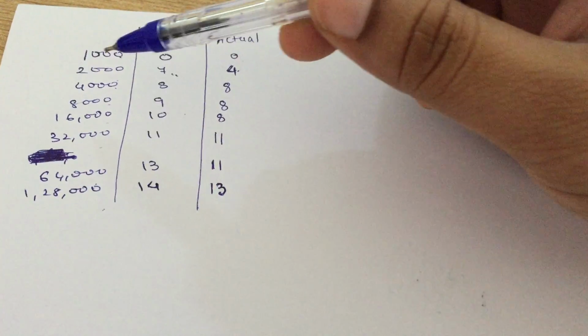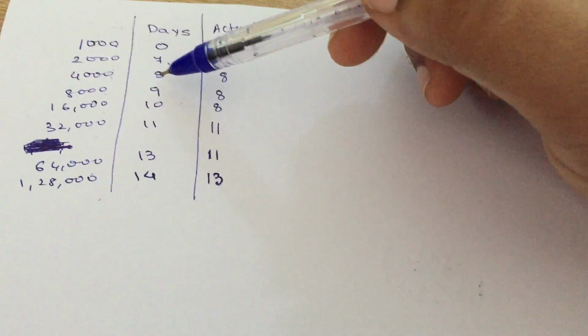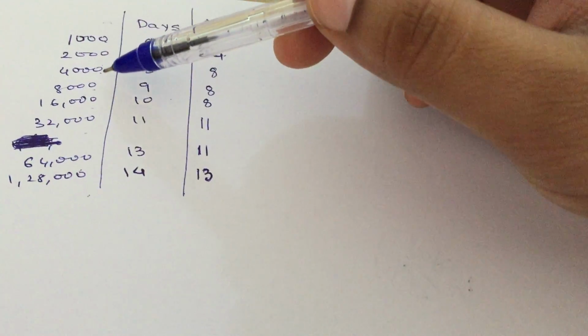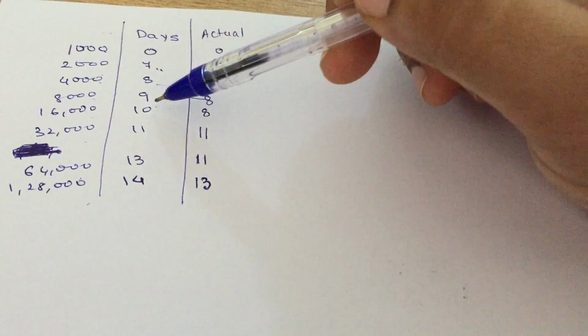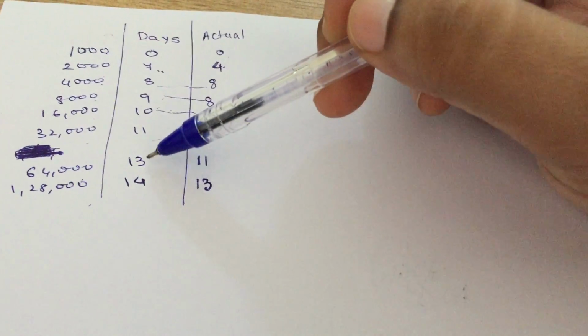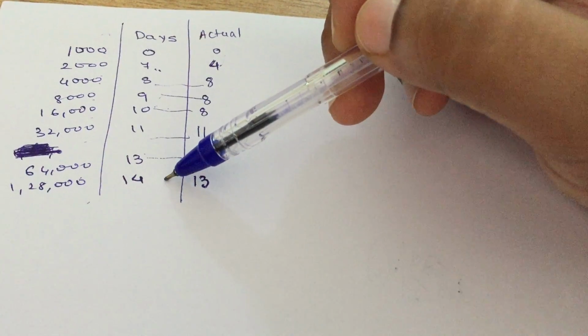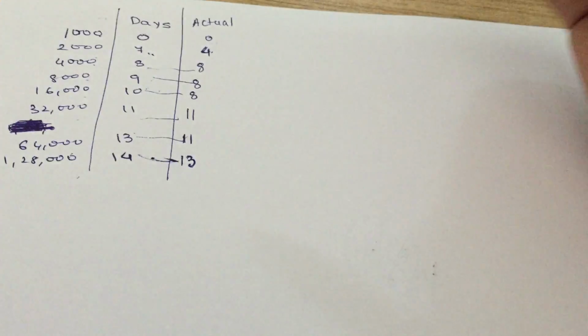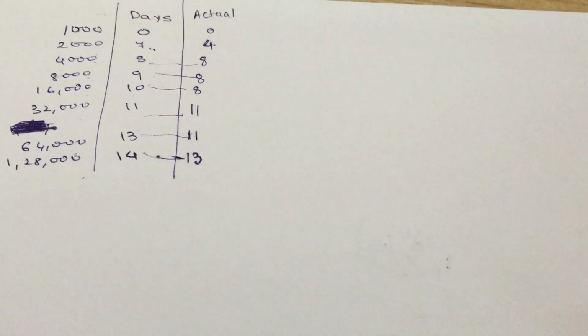This was a little away from the prediction, but you can see as the numbers go higher, so 2000 becomes 4000, 8000, the days are actually kind of matching up. 64,000 is 13, and 1,28,000 worked out to 14 days, actually happened in 13 days.